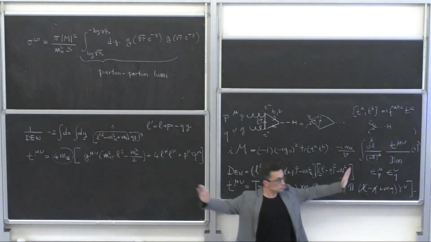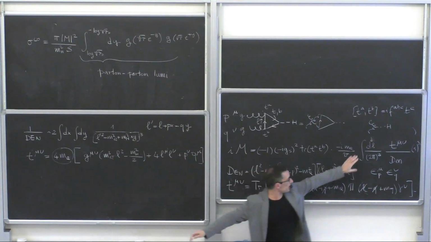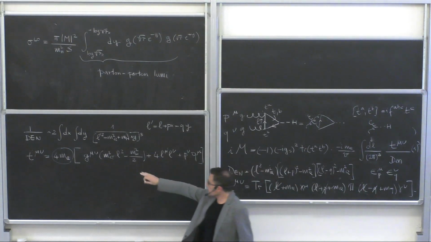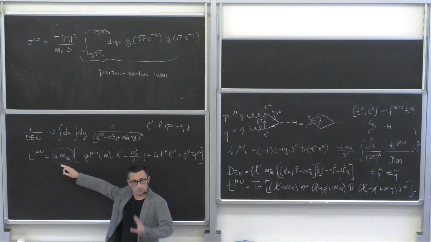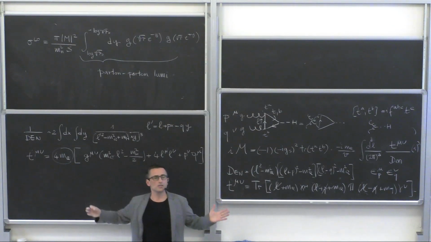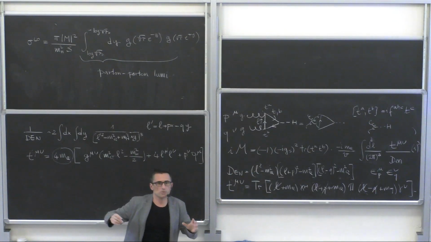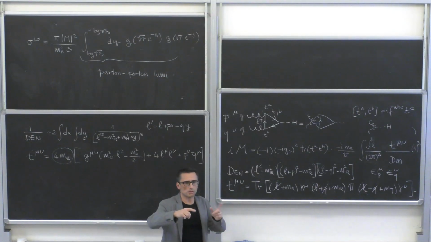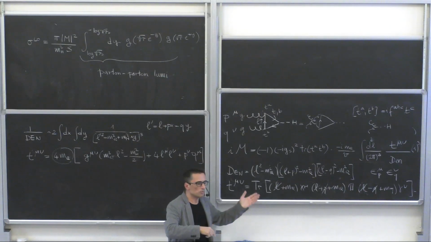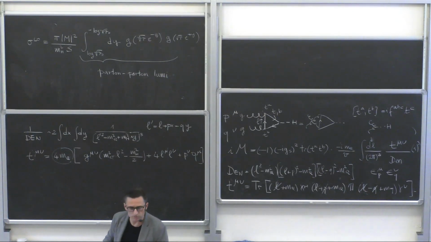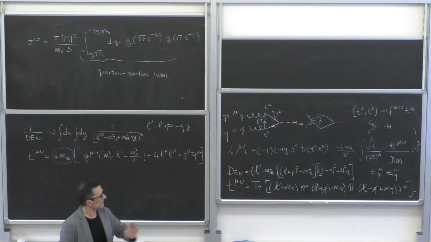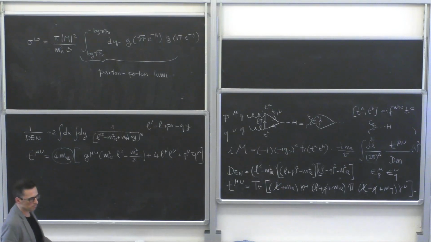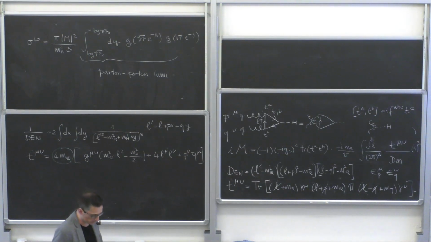But they are 2 different objects. This is a coupling. This is a real mass running in the loop. In the standard model, they happen to be the same thing. But for example, in SUSY, they're not. If you take a two-Higgs-doublet model, the coupling of the top will have a cotangent beta in front, right? So they don't need to be the same. In the EFT, they are not the same, and so on.